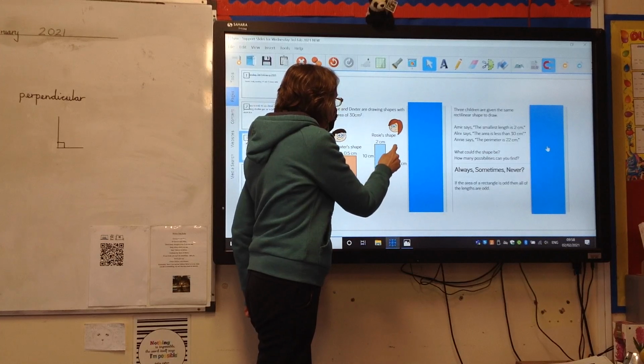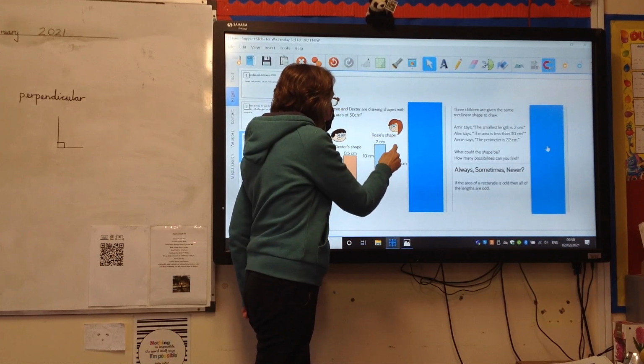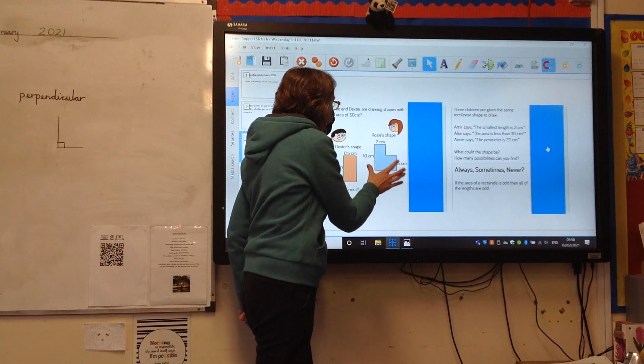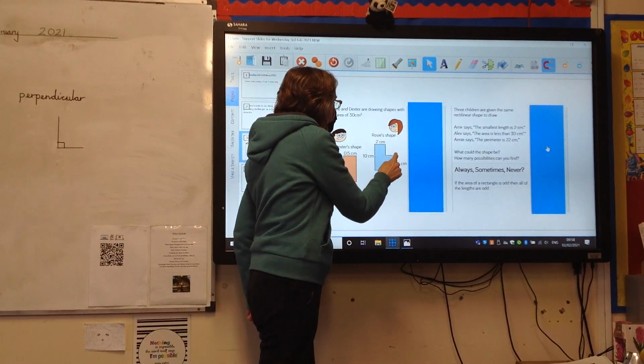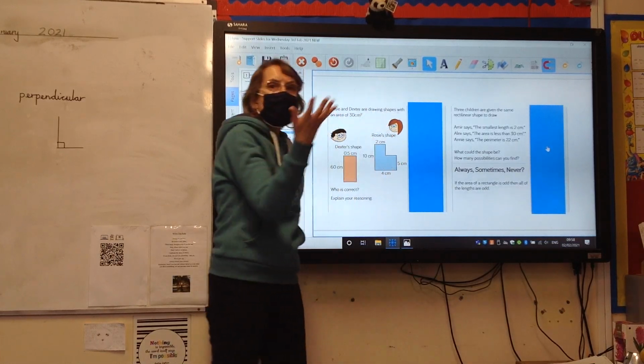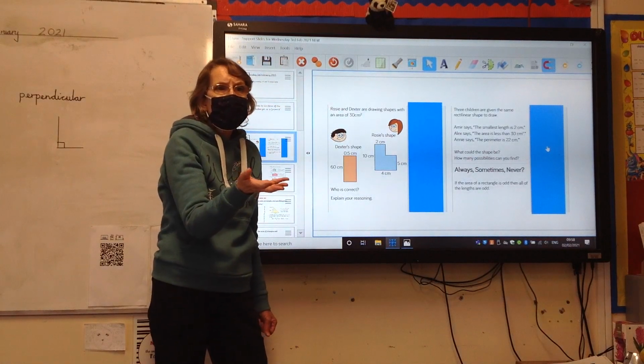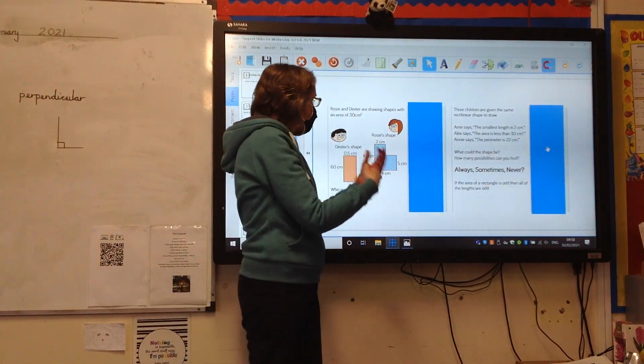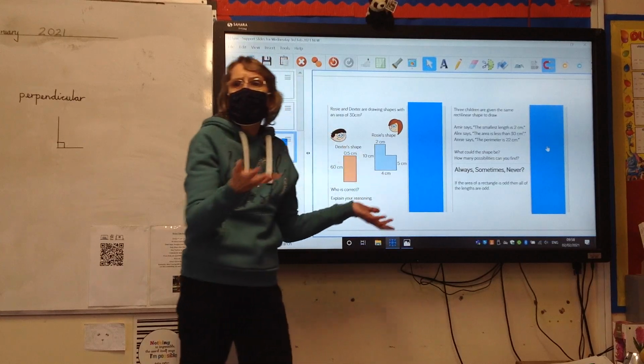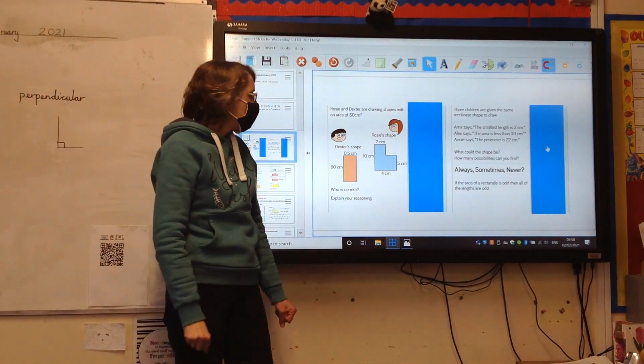And that little bit there must be 5 centimetres, because up to there is 5. The whole thing is 10. So 5 times 2 will be 10 centimetres squared. And then take that away from the 40 would be 30 centimetres squared.